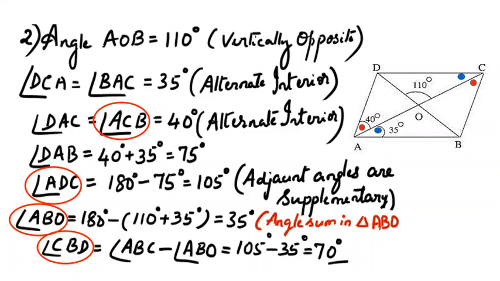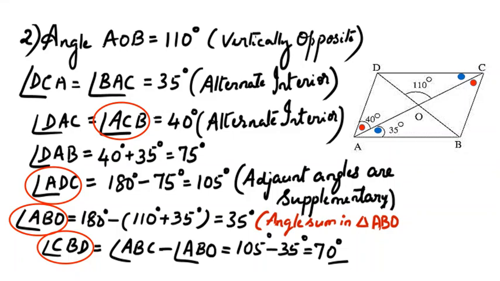We have to find first AOB. Which one is AOB? Which is opposite to DOC. You can see DOC 110. Opposite to that, AOB is there. Because one X shape is formed when the diagonals cut. Correct? No, we have learnt that.